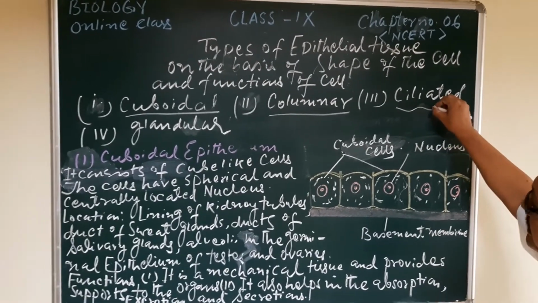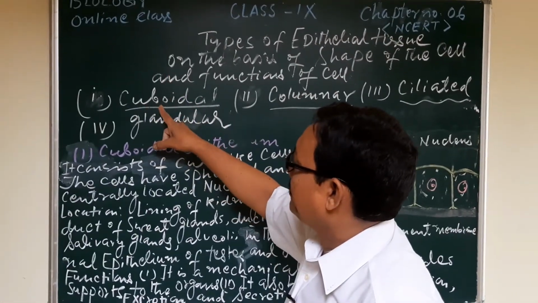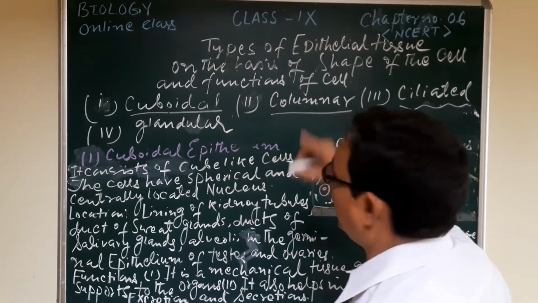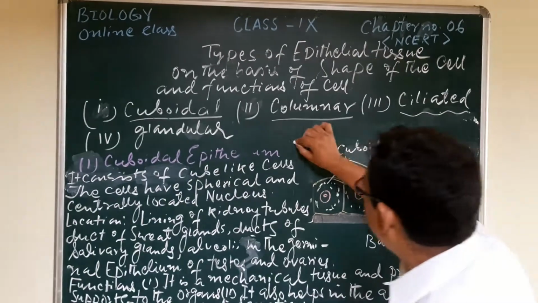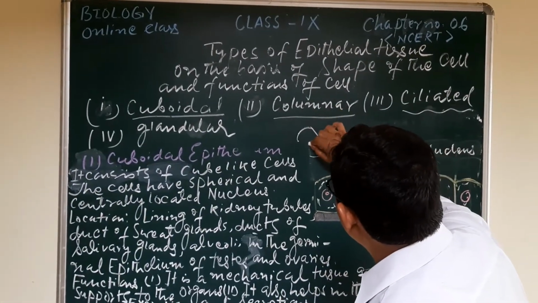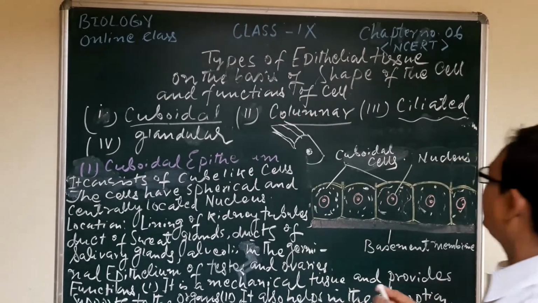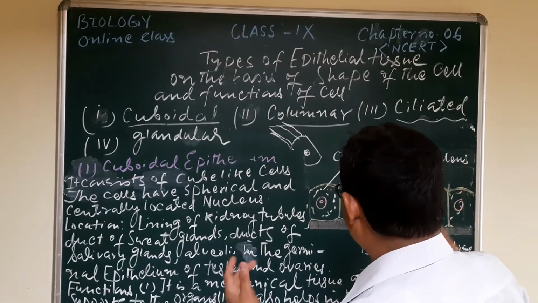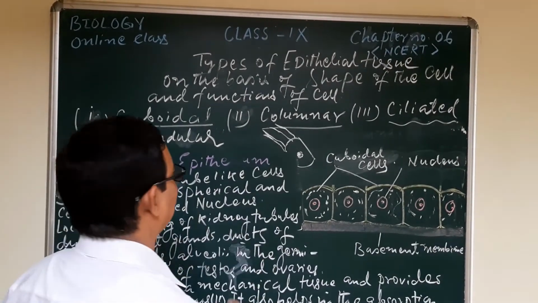Ciliated is actually a modification of both cuboidal and columnar. When there is cilia present, if it is cuboidal and there is cilia present in it, that is the ciliated cuboidal.